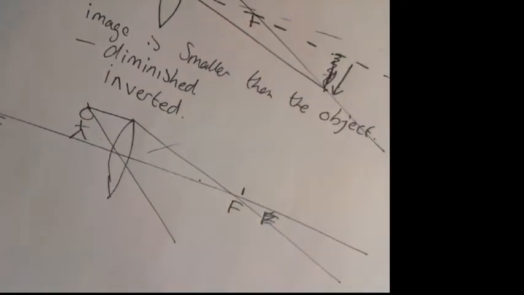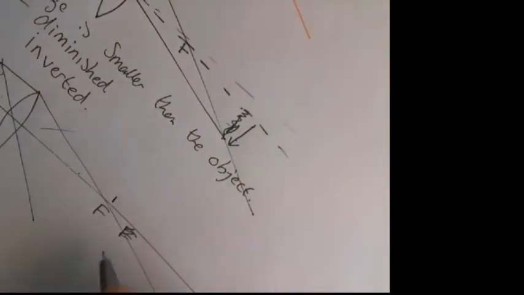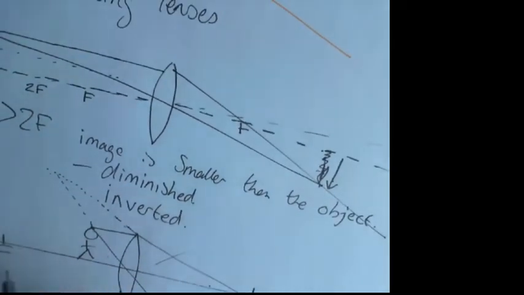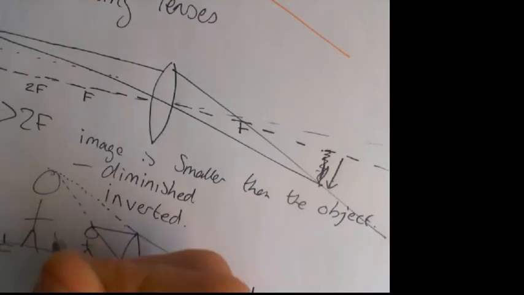What your brain says is, well, if I'm here, I reckon that this line must have come from over here. So it traces it back and says it must have come from over here, because light has to travel in a straight line. And then if you take both lines back to where they meet, you get an image here.